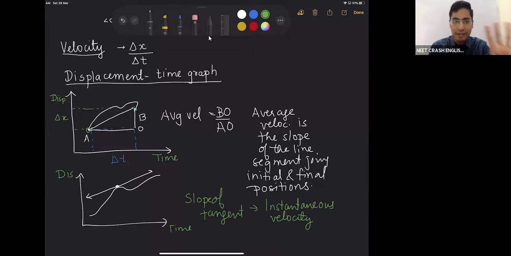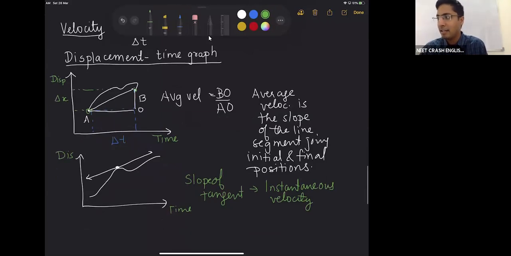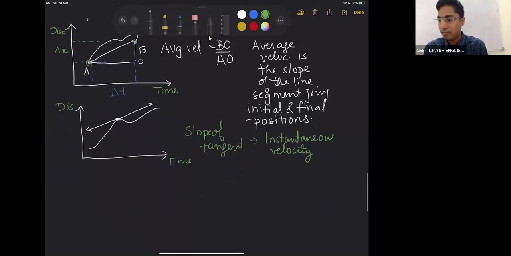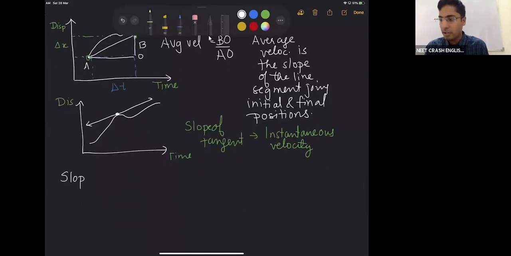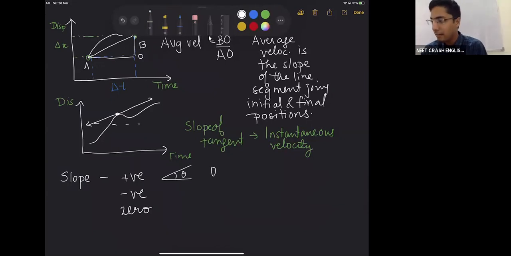Now slopes are of three types. Slopes are either positive, negative, or zero. A slope is positive if the angle the tangent makes is like this. If theta is less than 90 degrees, then the slope is positive.